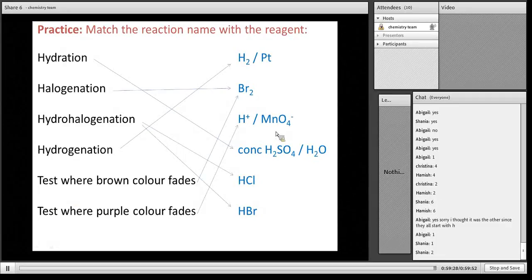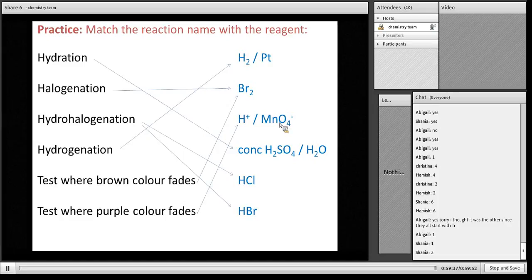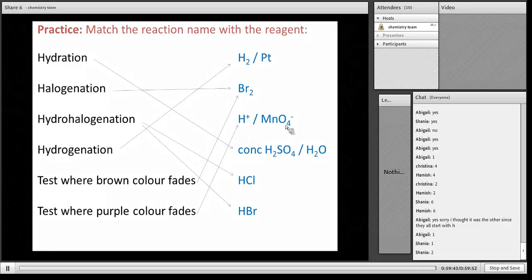I've got the acidified permanganate because that goes to a colorless solution. If you didn't acidify it, the purple would go to that light brown as you saw. Both are correct, both you can use as tests, although the standard does specify the acidified permanganate. I just couldn't find a video that showed that, and that's why I used the non-acidified one.